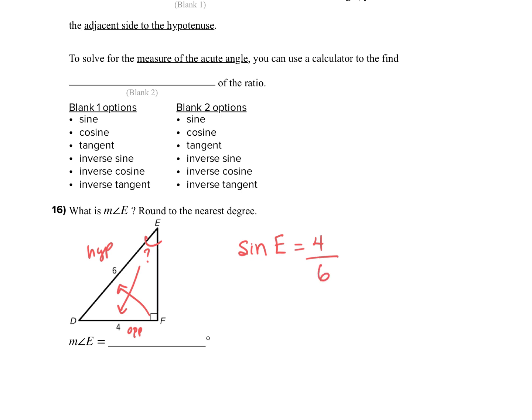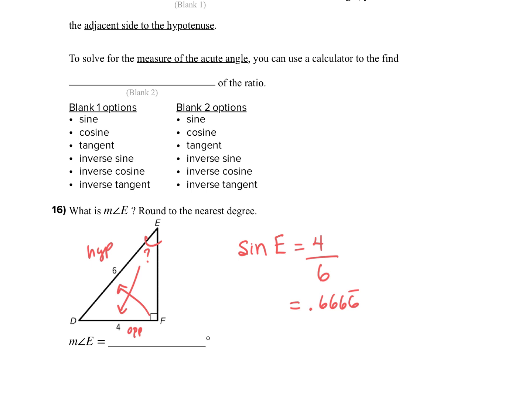If you're using the trig table, you're going to do 4 divided by 6 to get that decimal. You're going to want 4 decimal places to ensure you get the most accurate angle measure, which happens to be just 666 repeating.